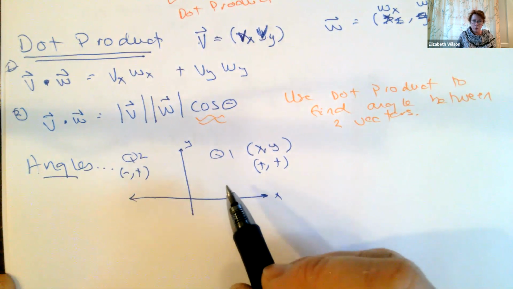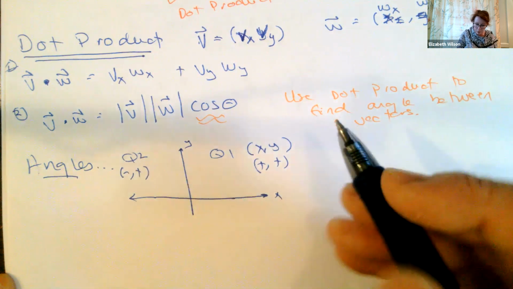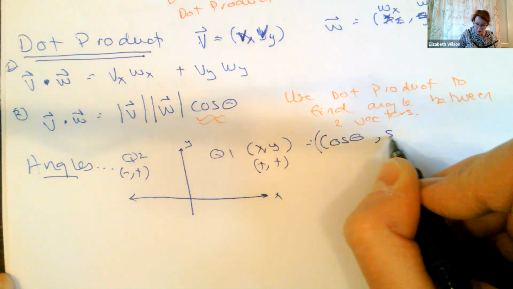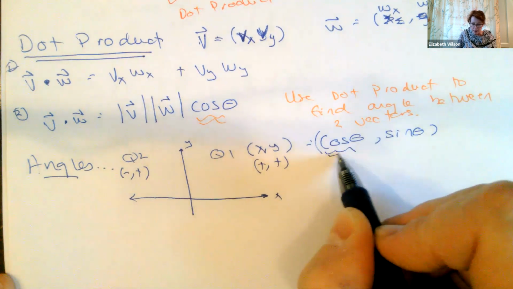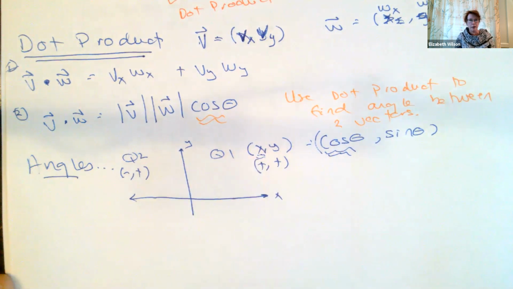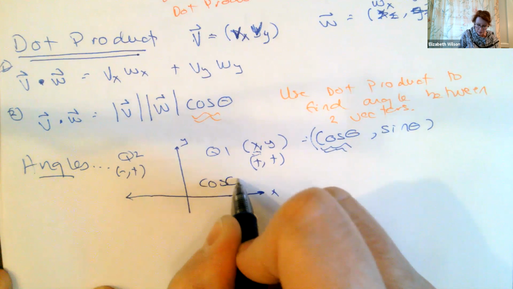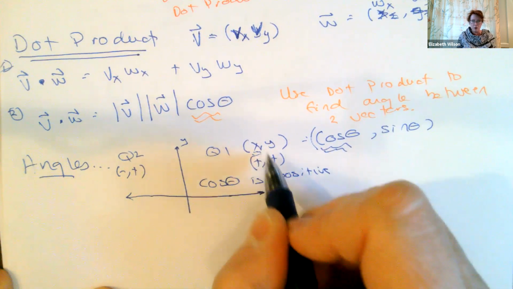Now remember, when we're dealing with the unit circle, we're dealing with cosine of theta, sine of theta. So our cosine of theta is going to track with the x coordinate. So in quadrant 1, cosine of theta is positive, because it tracks with our x coordinate.